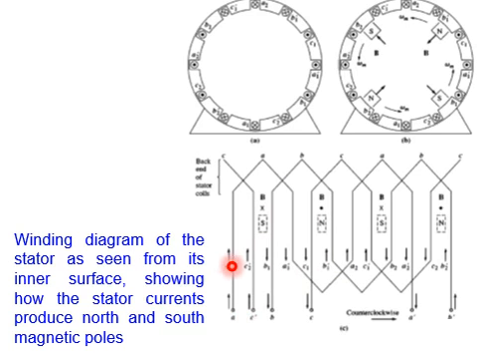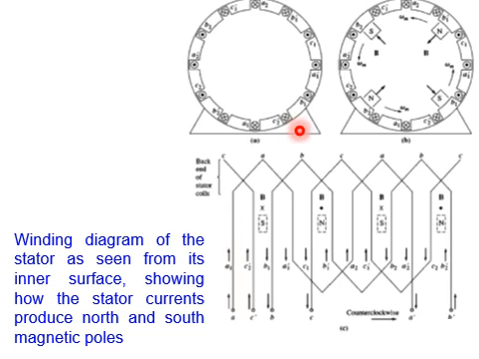So these are the points 1, 2, 3, 4, 5, 6, 7, 8, 9, 10, 11 and 12. If we move counterclockwise from left to right, this is A1, going into the paper.